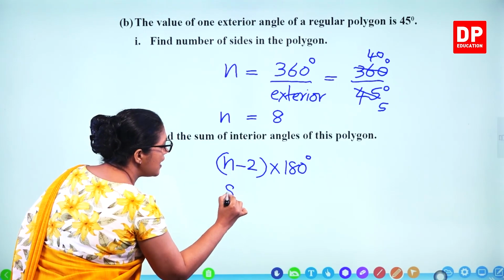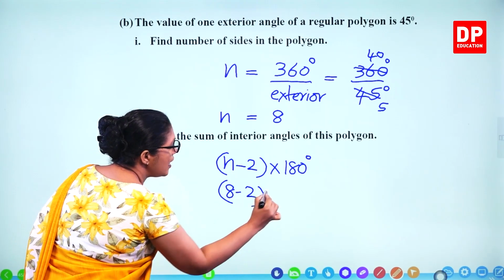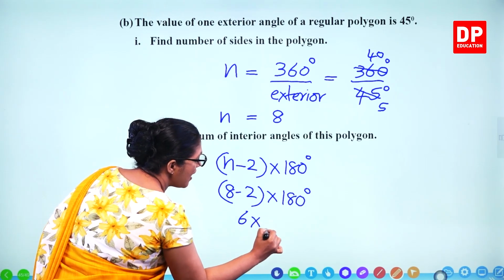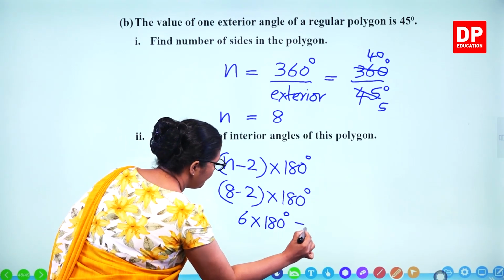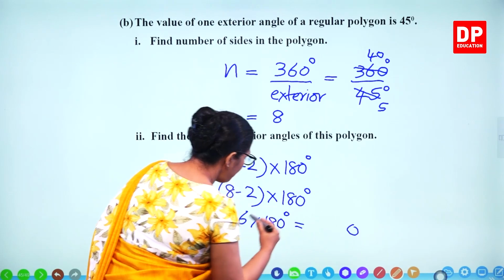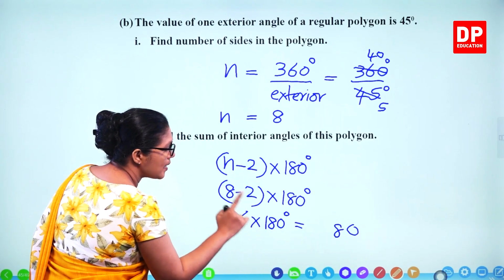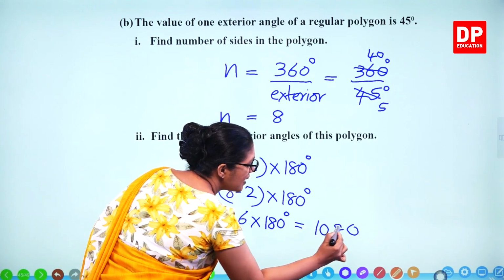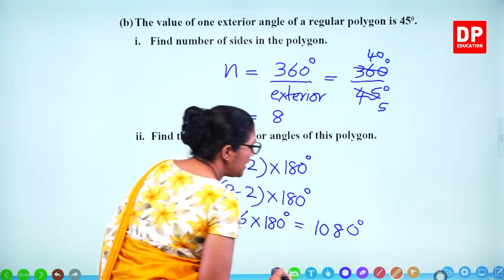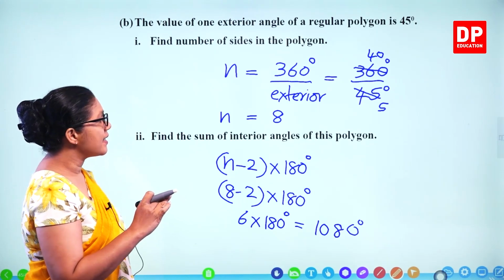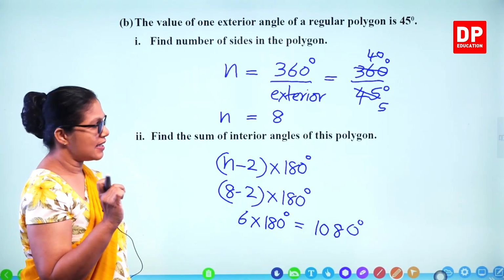So substitute here. 8 minus 2 into 180. That's 6 into 180. You get 6 times 8, 48. 4 remaining, and 6 times 1, 6 plus 4, 10. 1080 degrees. That's the sum of interior angles of an octagon.